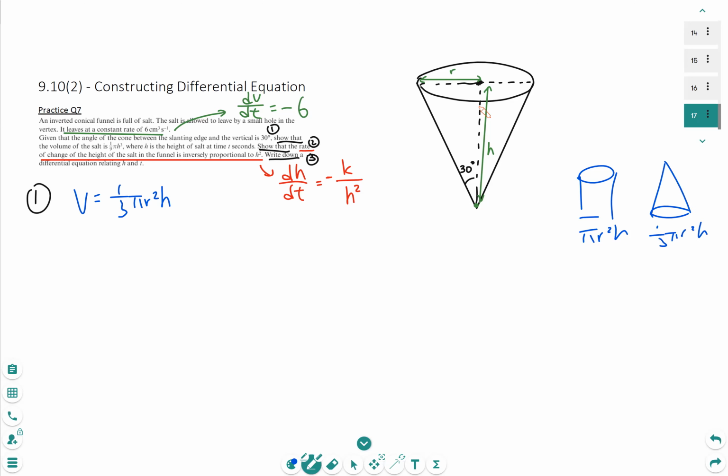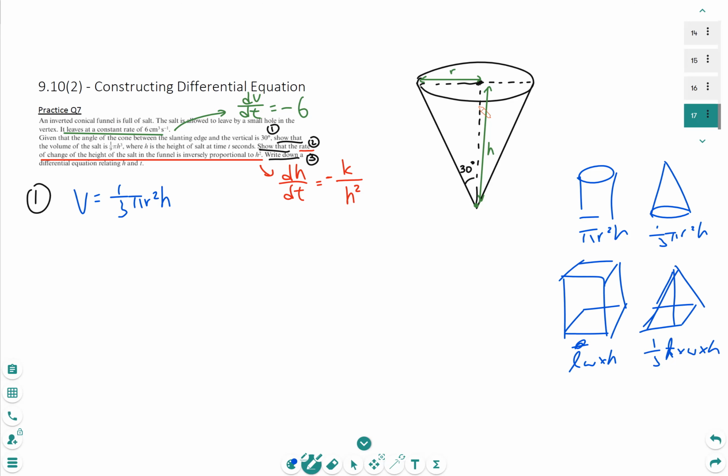Let's say you've got a cuboid. The pyramid version will be like a rectangular base pyramid. I think I've done a good job of sketching it here. We know the volume of the cuboid is length times width times height, and in this one, it's 1/3 times length times width times height. The same thing in here.